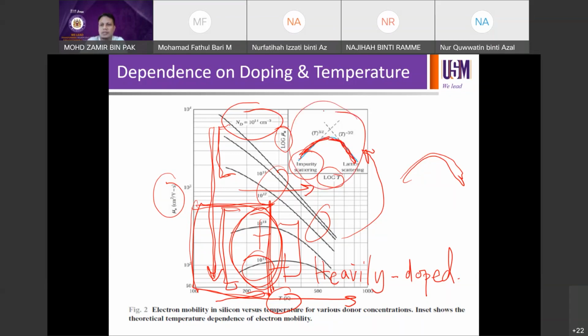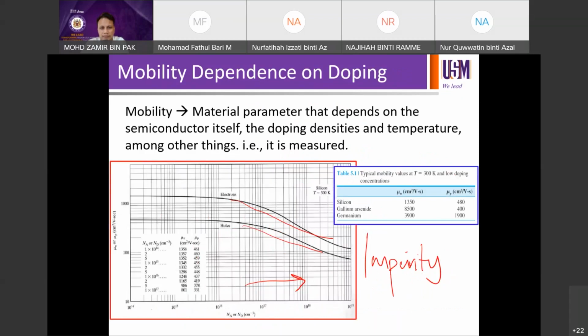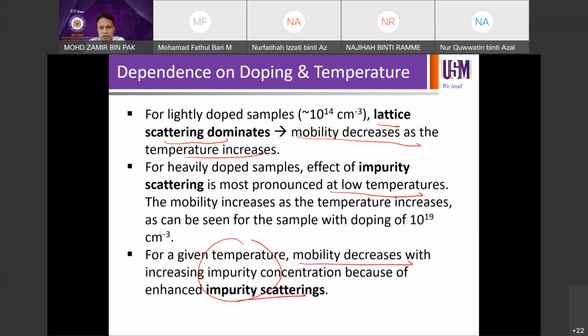And this is not seen in lightly doped or moderately doped semiconductors, because the relationship between mu and T is inverse in nature, and it's dominated by lattice scattering for all the cases across the temperatures. So if you talk about lightly doped, you are only talking about lattice scattering as you vary the temperature, okay?